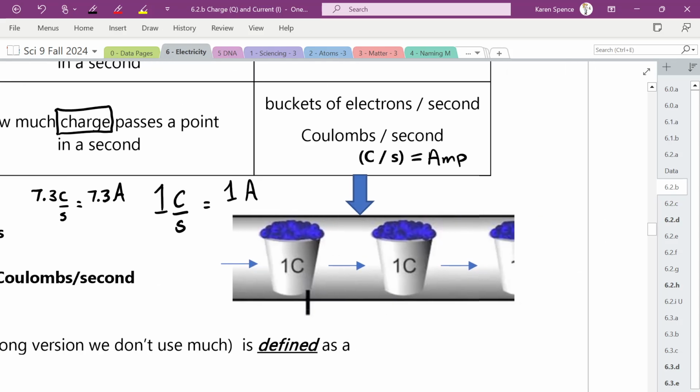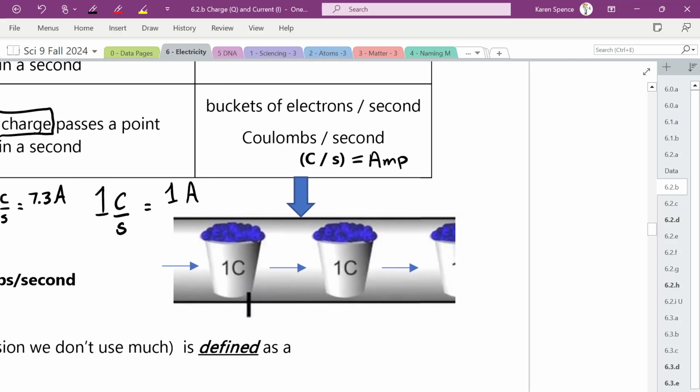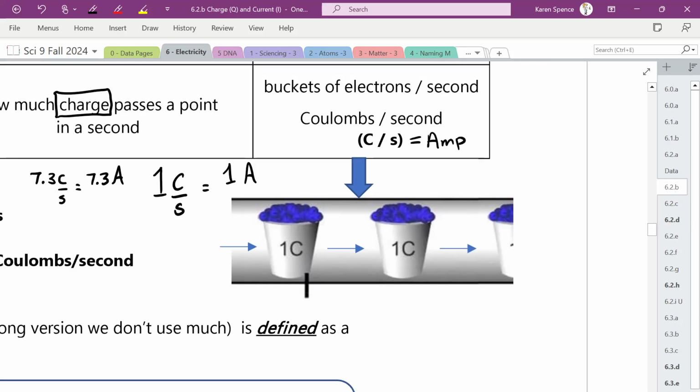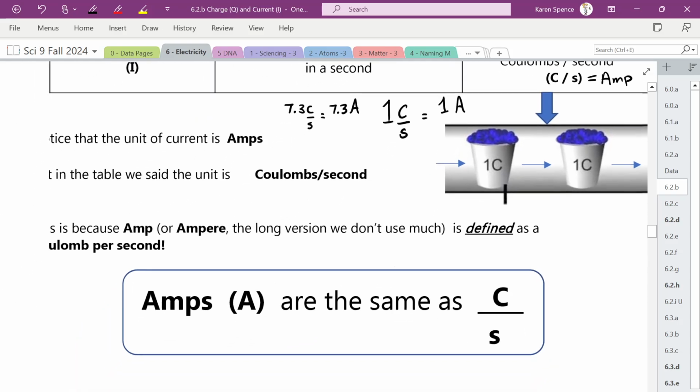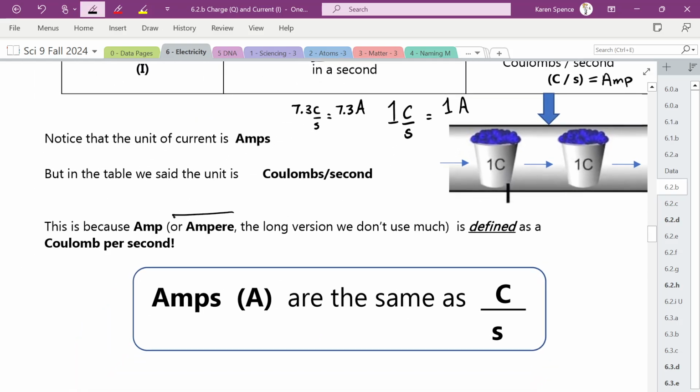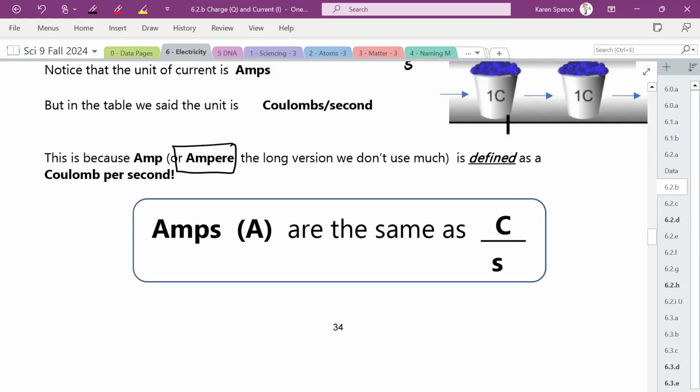And we watched in the video, you could actually see the coulombs flowing past a point in a second. And I remember making all of you look up at the screen at that point. So hopefully all of you saw those little electrons going past a point. We usually don't use the word ampere, but it's there so that you know it. Amps are the same as coulombs per second.